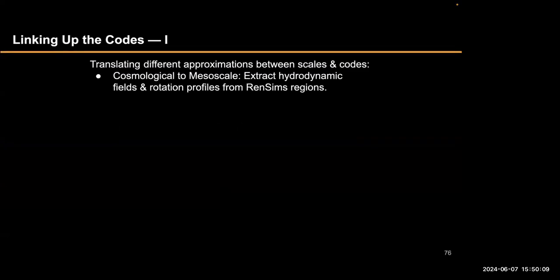And so how do we link up all of these codes, right? So this is the overview of what we can do, but how do we do it? So the first task is to translate data between the cosmological and the mesoscale, which means transferring data from the ENSO project to MESA, right? Because the results here are very preliminary, they are still very crude.